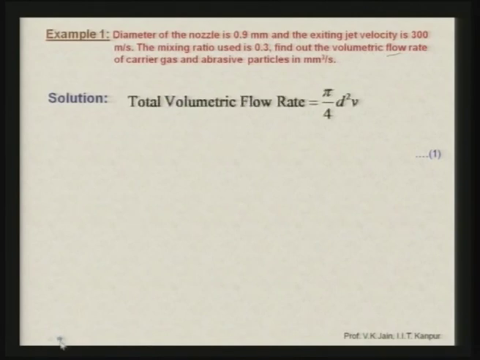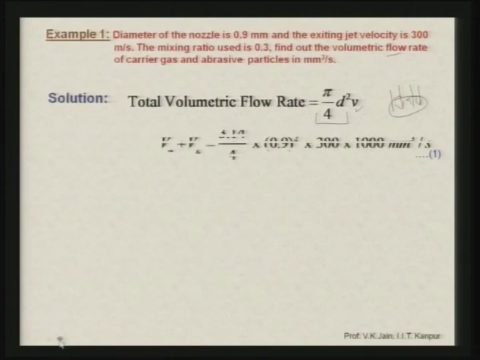Total volumetric flow rate we can calculate, because we know the jet diameter and the flow velocity. If we multiply the cross sectional area by the velocity with which the jet is going out, we get the volumetric flow rate. When we say volumetric flow rate, it includes the flow of the gas as well as the abrasive particles.